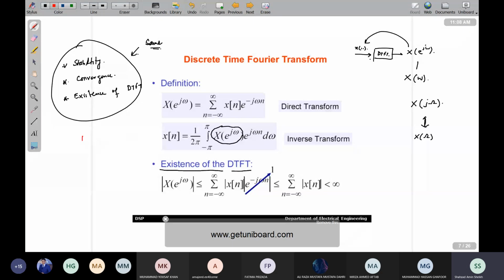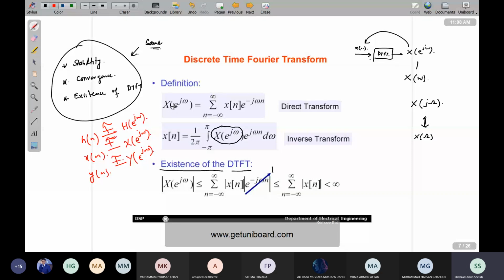The important thing is that you can have any h of n, any x of n, any y of n, and associated with them are the frequency responses. So that would be H of e^{jω}, here you will be getting X of e^{jω}, and here you will be getting Y of e^{jω}. These are the frequency responses of these systems, the Fourier transforms, in fact, of all these.